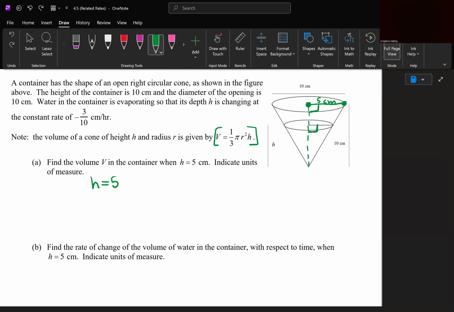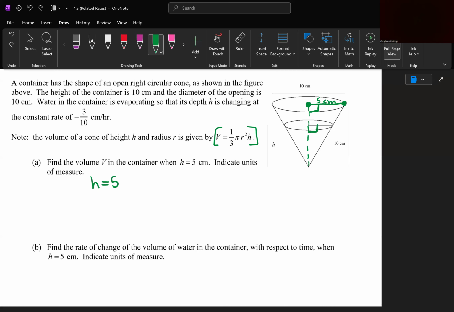Okay, so adding that information in, we could try to find a relationship between R and H that would help us find what the radius will be at the moment that H is 5 centimeters. The height is 5 centimeters.